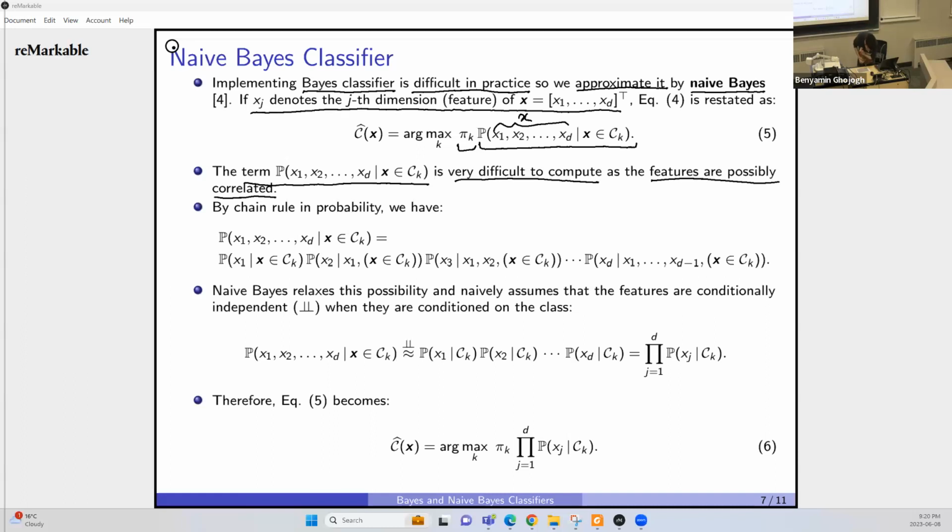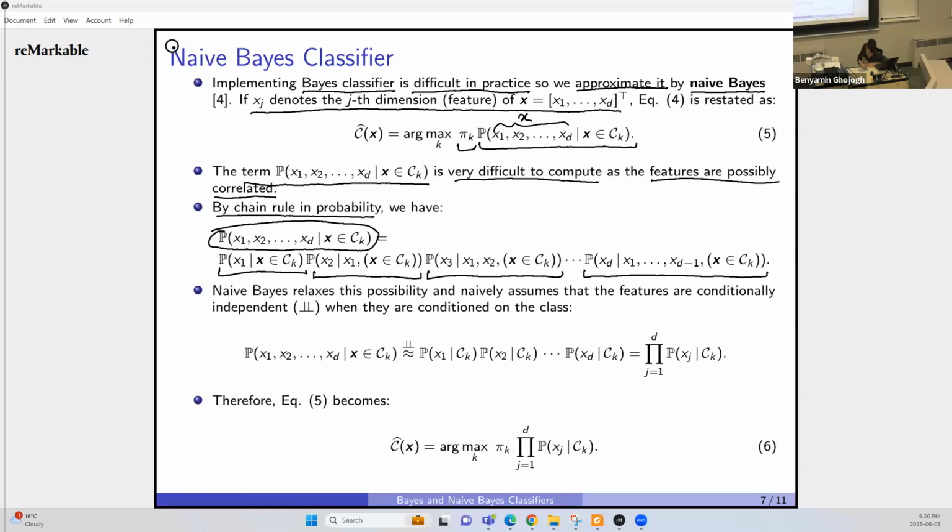By the chain rule in probability, you can write this joint distribution as P of x1 given x belongs to Ck, times probability of x2 given x1 and x belongs to Ck, probability of x3 given x1 and x2 and x belongs to Ck, etc., until P of xd given all of the other features and x belongs to Ck. As you see, it's very hard.